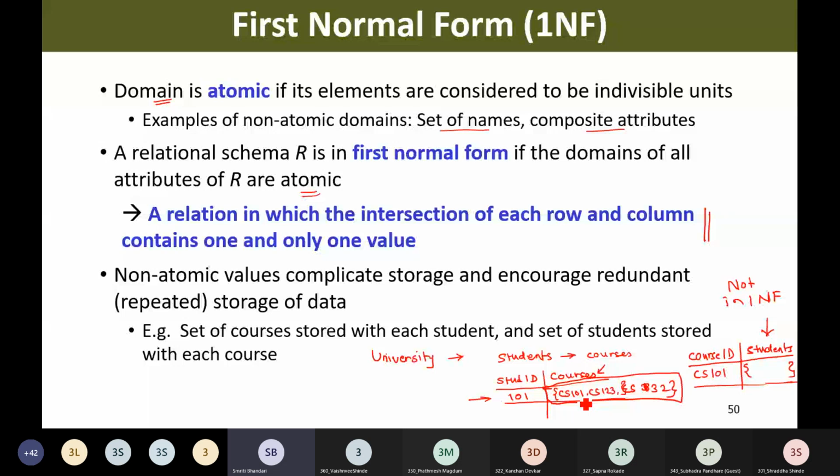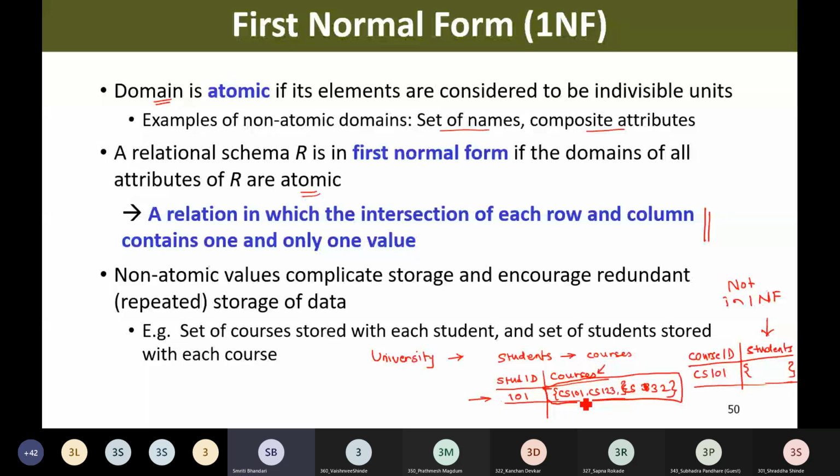And in 1NF, a relational schema R is in first normal form if the domains of all attributes of R are atomic.